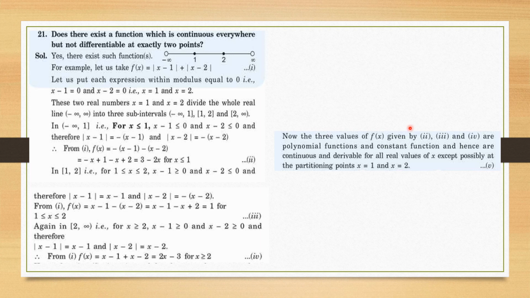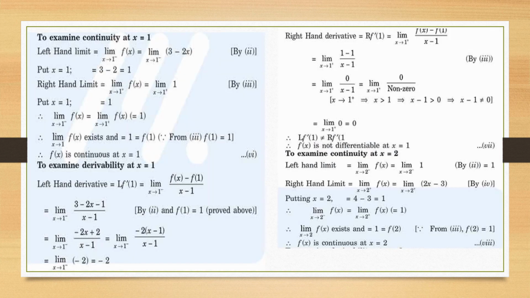Now the three values of f(x) given by these equations 2, 3, 4 are polynomial functions and constant, and hence they are continuous and differentiable for all real values except possibly at the partitioning points x equal to 1 and 2. So let us check it.